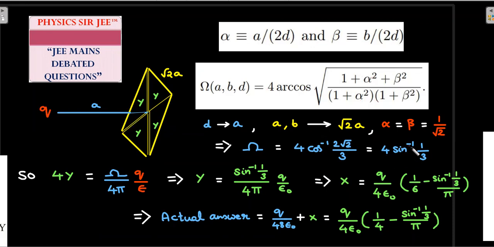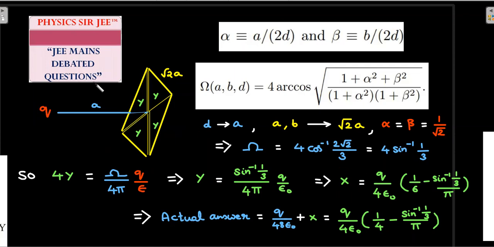So 4 sine inverse 1 by 3 is the value of the solid angle in steradians. And therefore, the value of 4y, which is the total flux, should be omega divided by 4 pi steradians into q by epsilon naught. So this should have been epsilon naught here. And therefore, the value of y comes out to be this number. It's not a very straightforward integer answer.